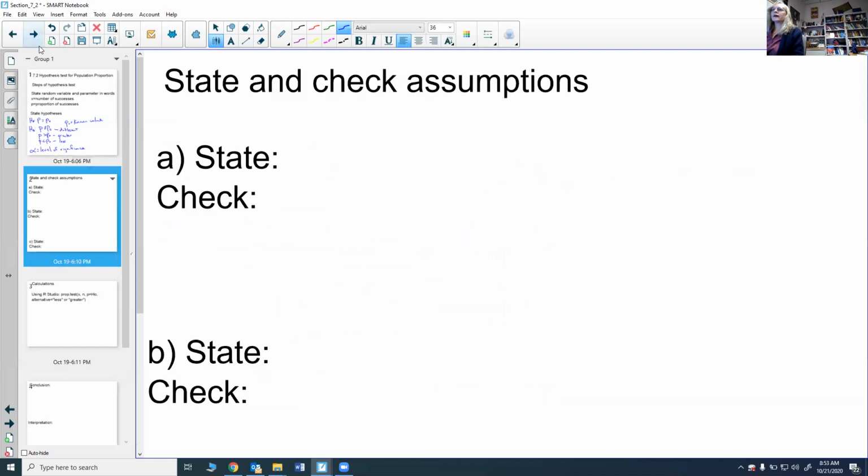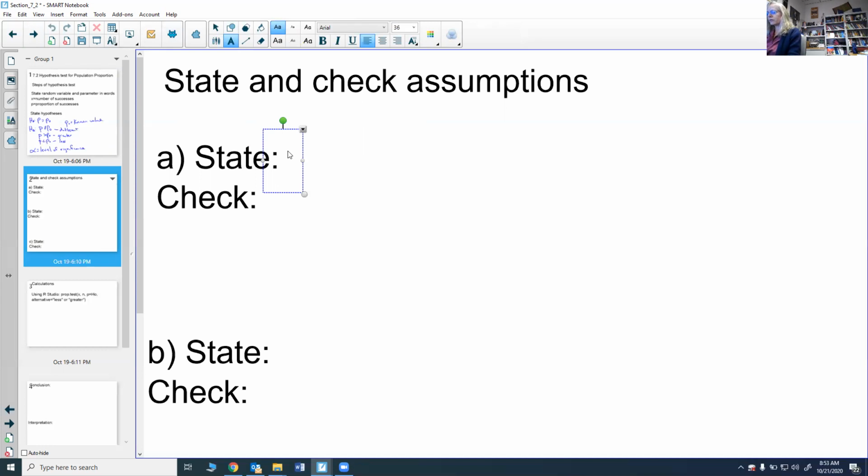All right, so then once we've done that, I made the comment that every hypothesis test has certain assumptions that have to be true. These are requirements or assumptions, whatever way you want to talk about it, that must be true in order to have the results of the hypothesis test be valid, I should say, not necessarily true, but just valid. So let's start off with what we would state.